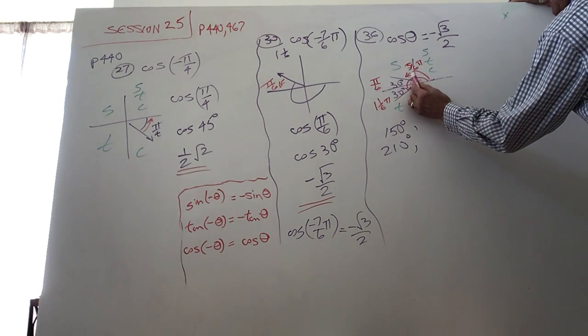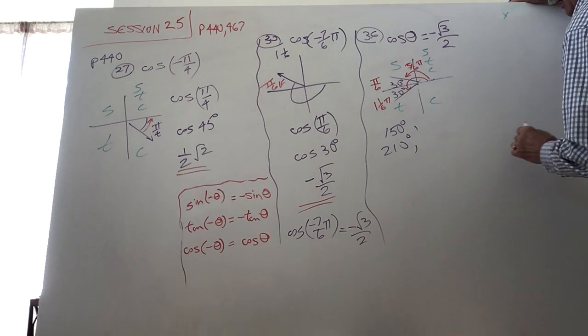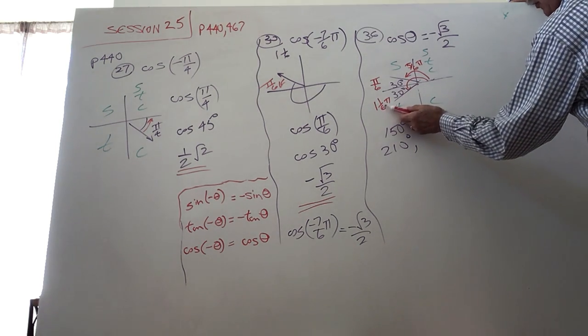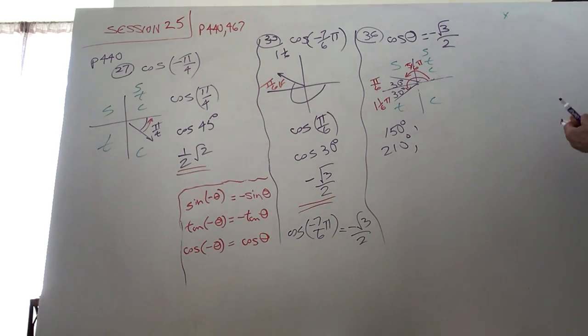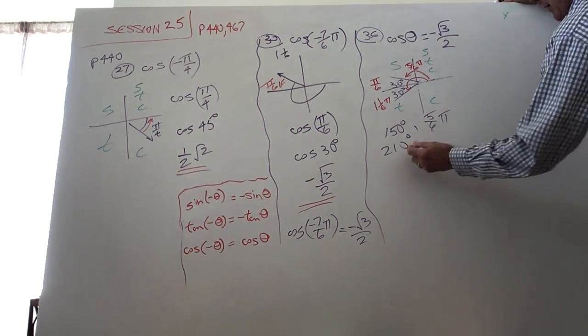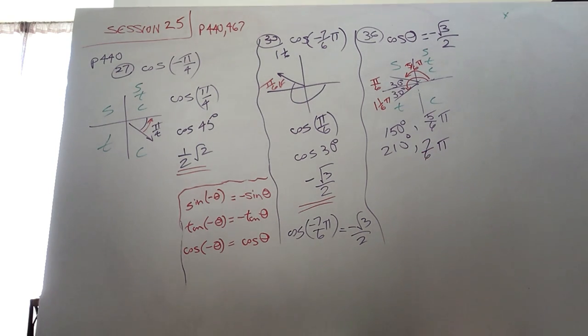A reference angle, 5/6 pi, and 1/6 more the complete rotation. So our angle there is 5/6. And then of course, we said that this was the entire pi and 1/6 more. So that'd be 7/6. Okay, so 150 degrees is the same as 5/6 pi, and 210 should be 7/6 pi. Those should be the answers we have then: 150 degrees at 5/6 pi and 210 at 7/6 pi.